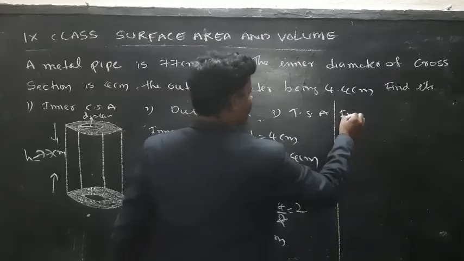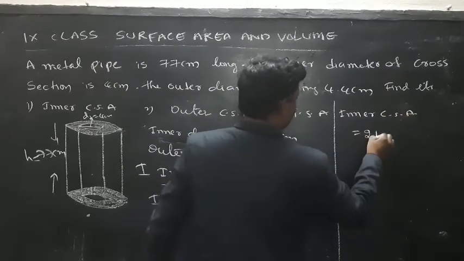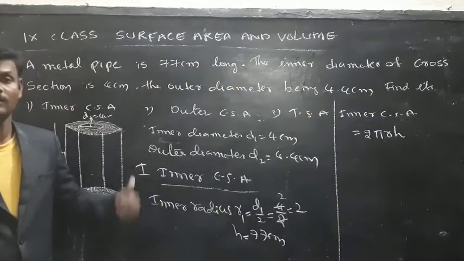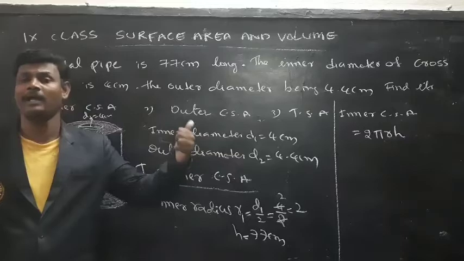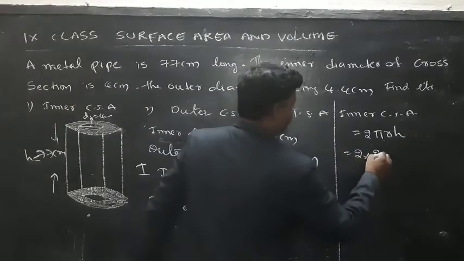Then inner curved surface area is equal to 2 pi RH. What is the formula to find curved surface area of a cylinder? 2 pi RH. 2 means 2. What is the value of pi?